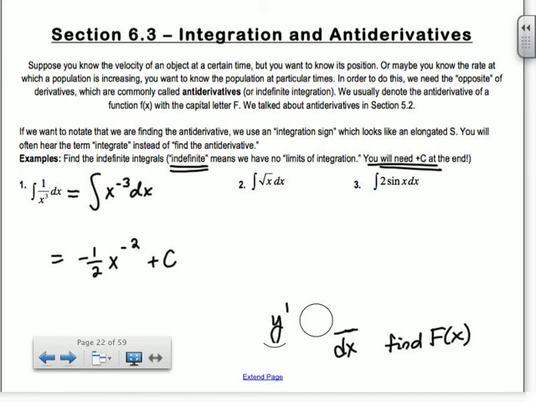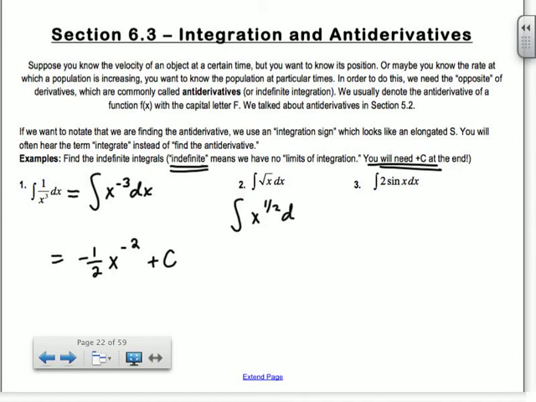All right, so next one. So I have the square root of x, so that's x to the 1/2 dx. So when I take the antiderivative, it's x to the 3 over 2, right? With what out front? 2/3. So how did we find the derivative?